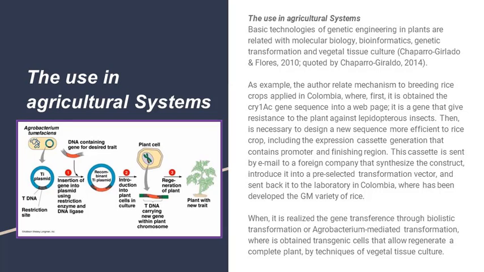Then it is necessary to design a new sequence more efficient for rice crop, including the expression cassette generation that contains a promoter and a terminator region.